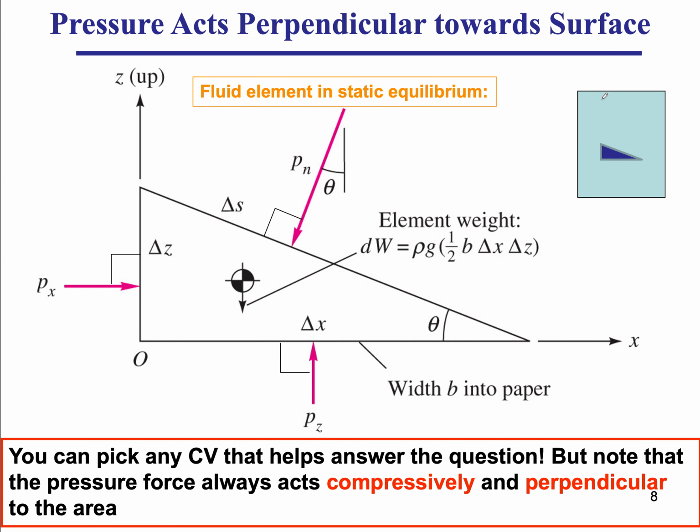And I don't have to pick a point element. So now this is more a demonstration of a control volume, a triangular control volume. It's still in the same cup of fluid, and it's still a static fluid. So this imaginary control volume is not going anywhere, it's not moving. And to demonstrate the pressure is compressive, you'll see on each one of those three surfaces, the pressure is compressive, pointing towards the surface, and it's perpendicular.